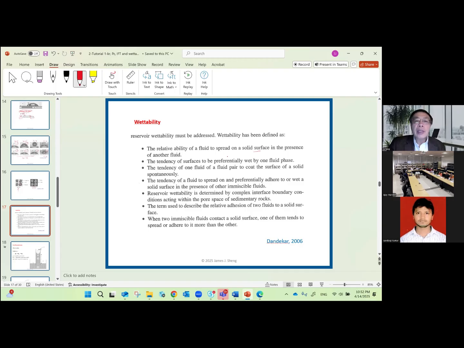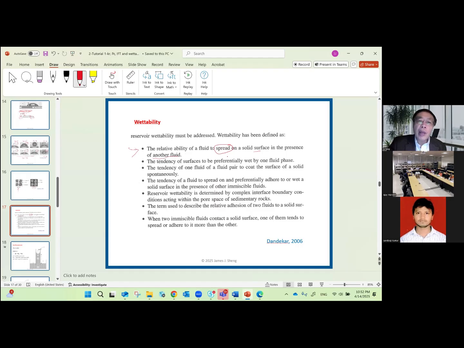So from this description, what is the condition for you to describe wettability?